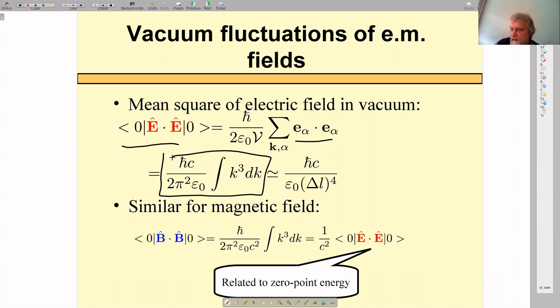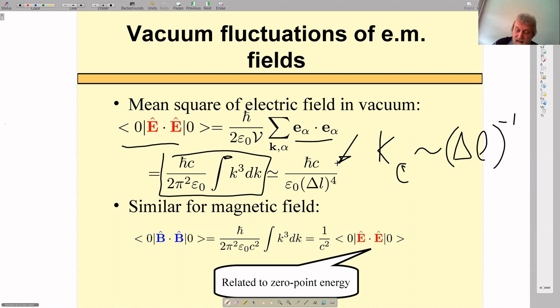In this case, we understand that we need to impose a regularization. We need to impose the highest momentum up to which we can integrate. This highest momentum, let's call it critical momentum, would be of the order of inverse delta L, the size of the cell we introduced in spatial regularization. Good. So the fluctuation of the field would have the same scaling as the uncertainty of the field we studied. It would be like delta L to the power 4.